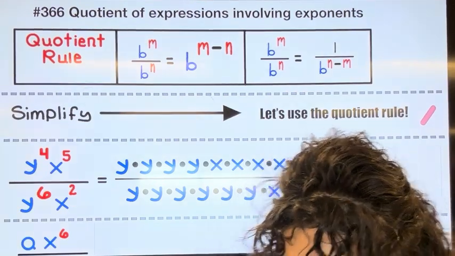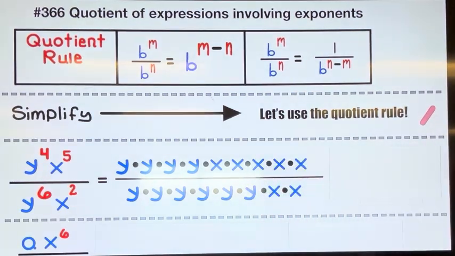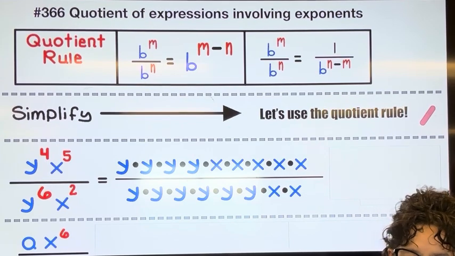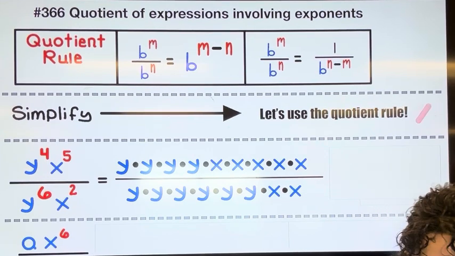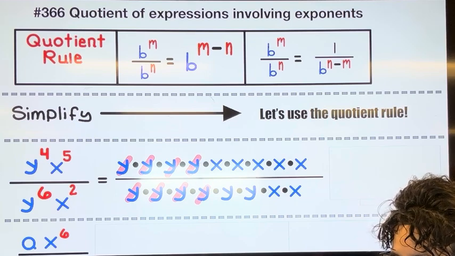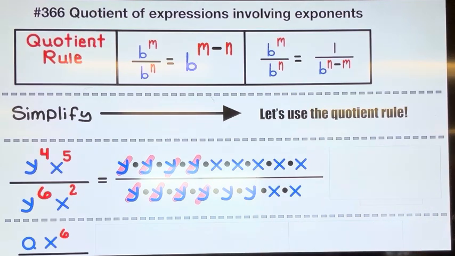And then we could go through and just cancel any numerator that's the same as any denominator. So let me do that. I have this y with this y, this one, these ones. Okay, so I've canceled all the y's that are the same.